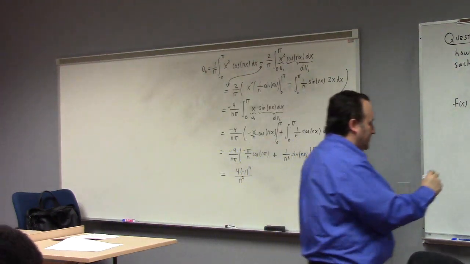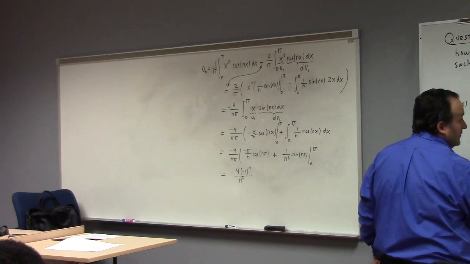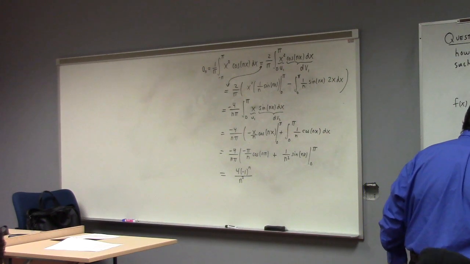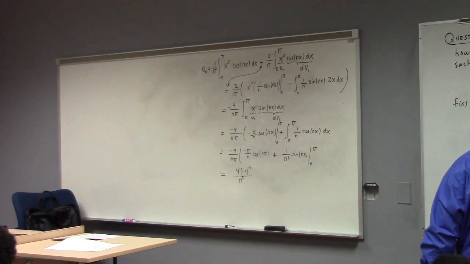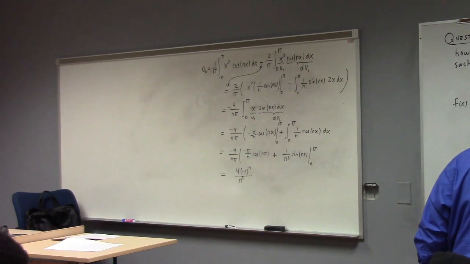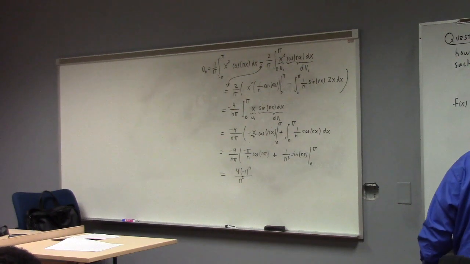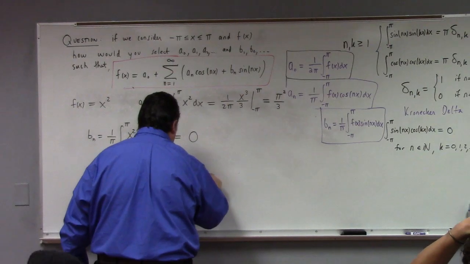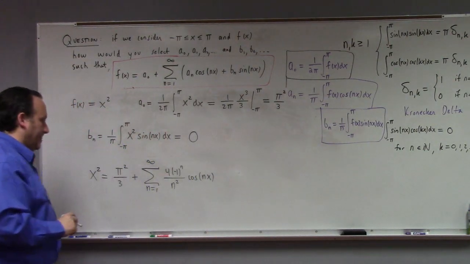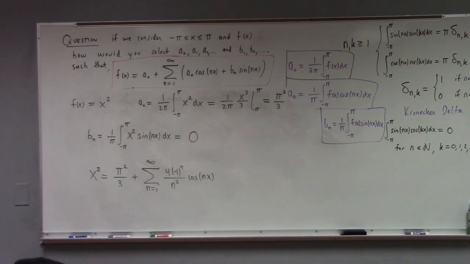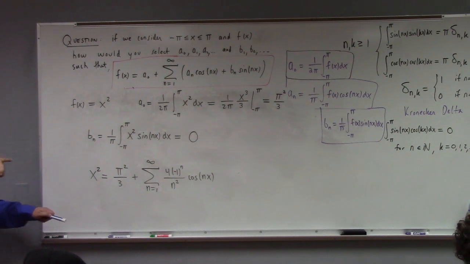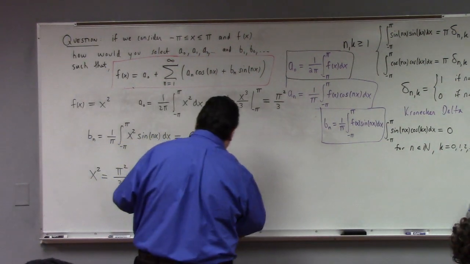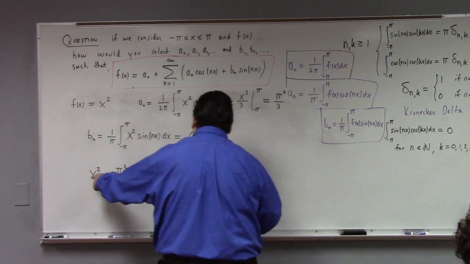So let me put it all together. We have x squared is equal to pi squared over 3 plus the summation n equals 1 to infinity of 4 times minus 1 to the n over n squared times the cosine of nx. What happens if we take this formula and put x equal to pi?